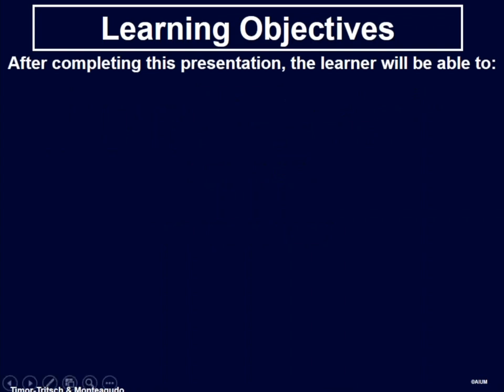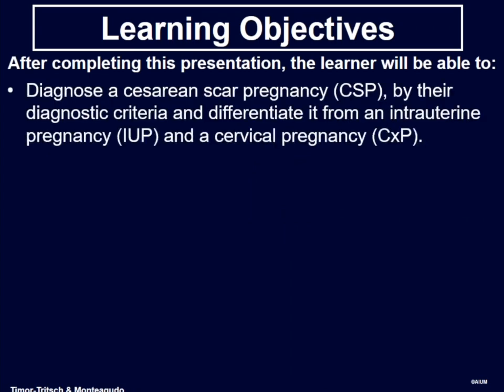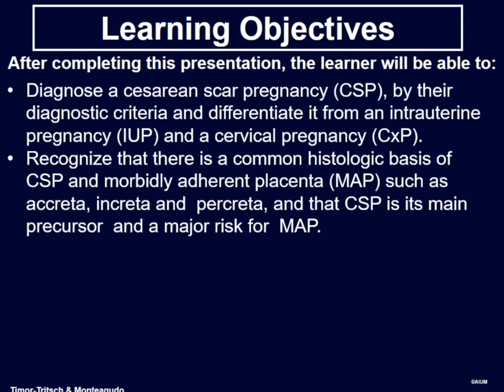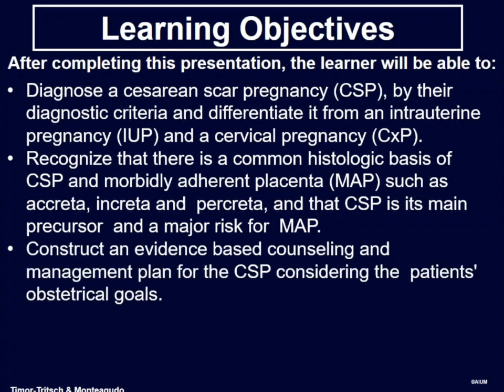After completing this presentation, the learner will be able to diagnose a cesarean scar pregnancy by its diagnostic criteria and differentiate it from the intrauterine pregnancy and the cervical pregnancy. You will also be able to recognize that there is a common histologic basis of scar pregnancy and morbidly adherent placenta, such as accreta, increta, and percreta, and that scar pregnancy is its main precursor and a major risk for morbidly adherent placenta.